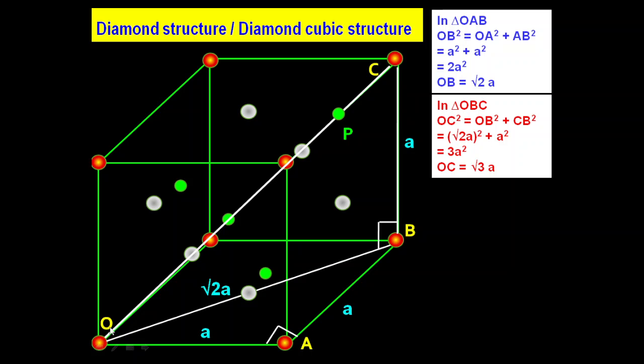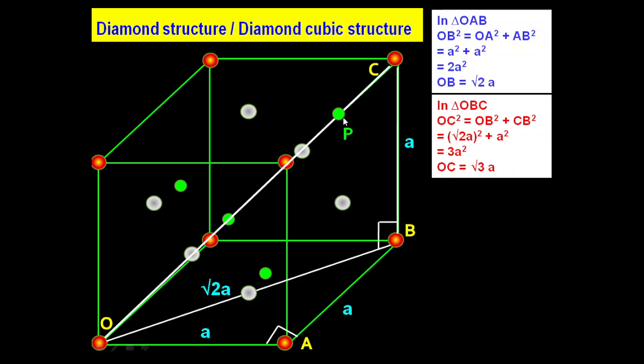Now we know that this diagonal starts from O and ends on C, and this P atom is present inside the unit cell, at a distance 3/4 from point O. P is present at a distance 1/4 from point C. So from C to P, the distance is 1/4 of the diagonal, and we know the length of the diagonal OC is root 3 A. So what is the length of PC?